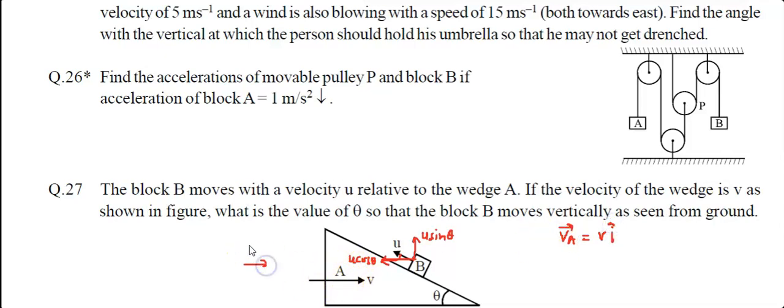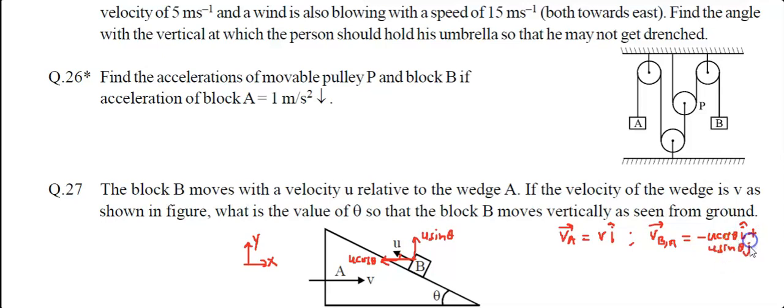We are using the directions y and x, and the velocity of B as seen from A, with respect to the wedge, is given as minus u cos theta in i cap plus u sin theta in j cap, isn't it?